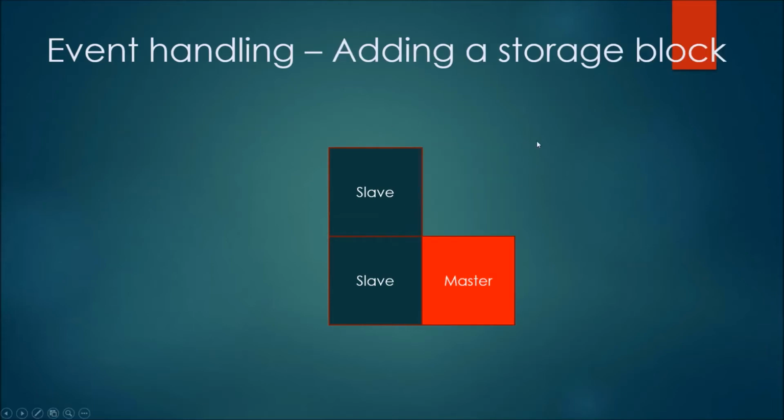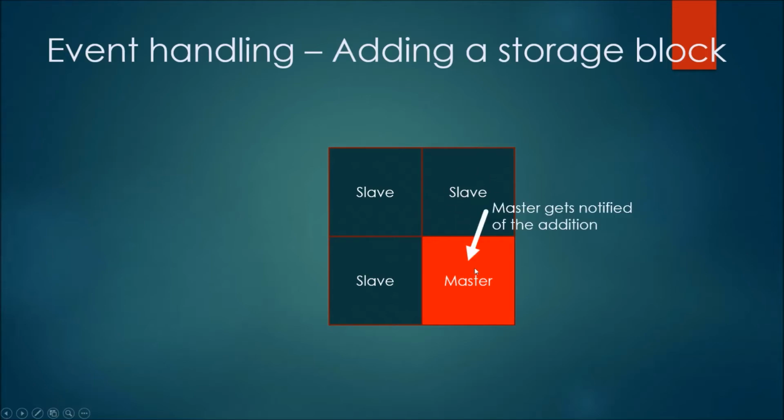Another thing is when we are going to add a new block. Adding a block is simple, and master stays where it is. But the master, where it first had 3 slots, 1, 2, and itself 3, now should have 4 slots. So the newly placed block should notify this master that it was added.